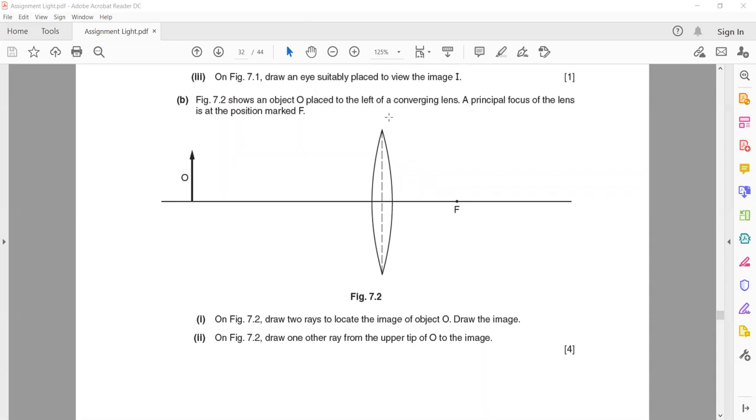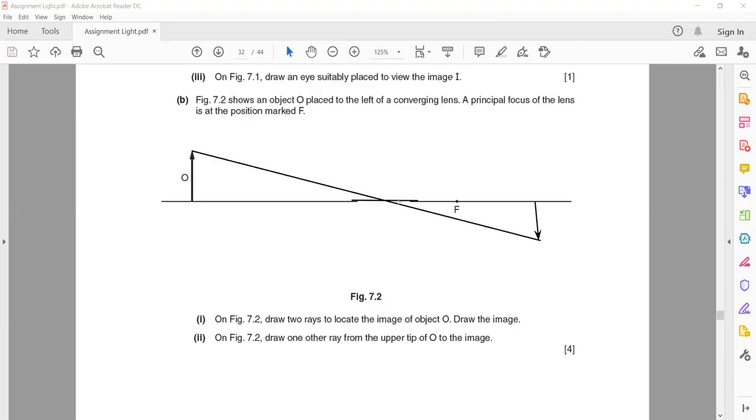For example, if in a question they give you the object and the image and ask you to locate the position of the lens, how can you do that? You draw a line from the tip of the object to the tip of the image.